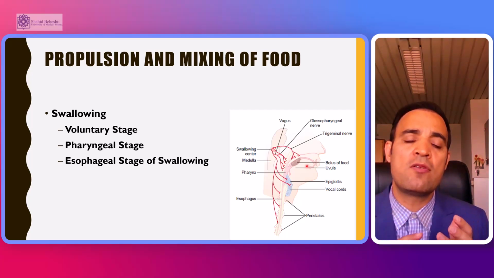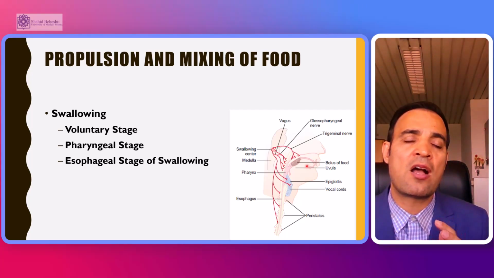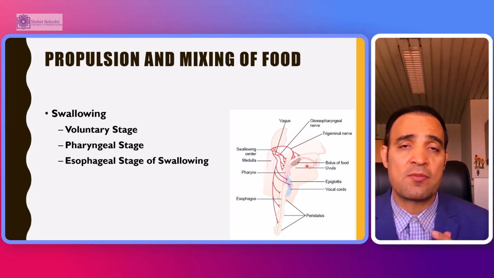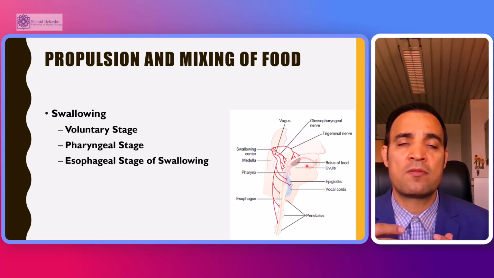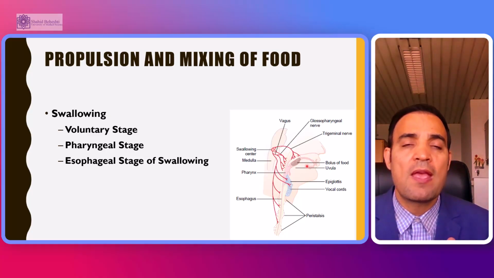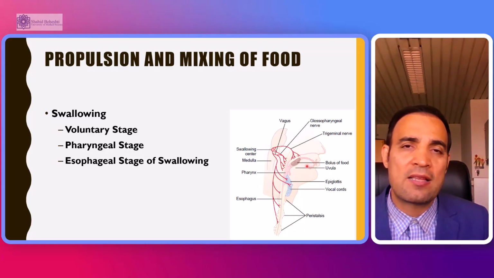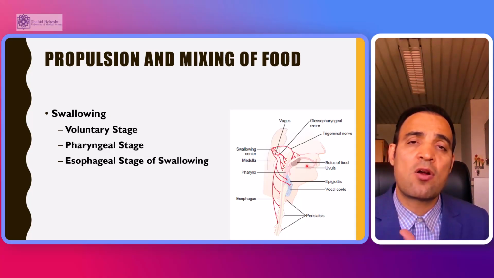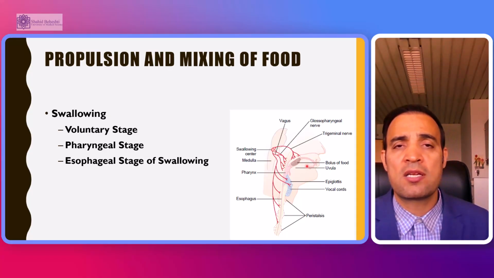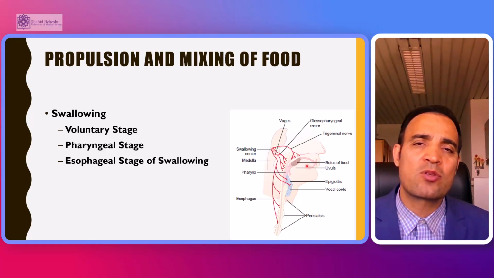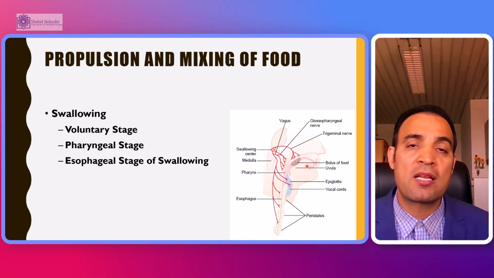Again, swallowing is under the control of the visual system, the olfactory system, even our memories and our concept about the food, even the areas that are involved in the regulation of food intake, and all those factors that affect the chewing mechanism.